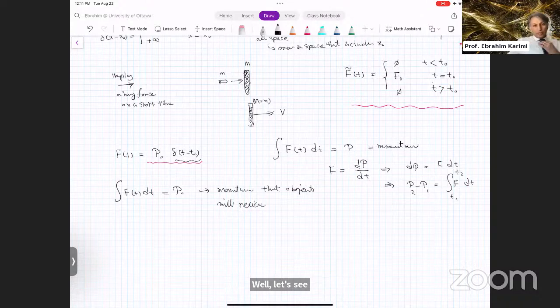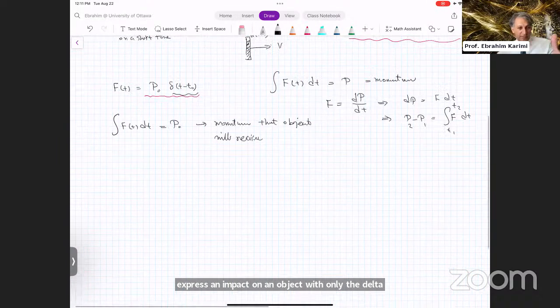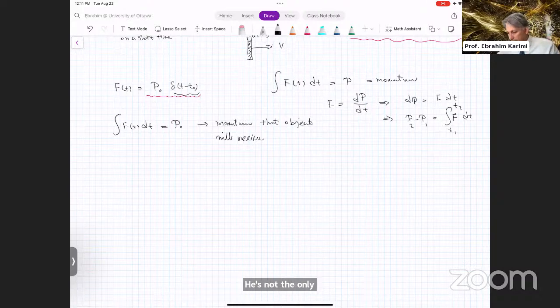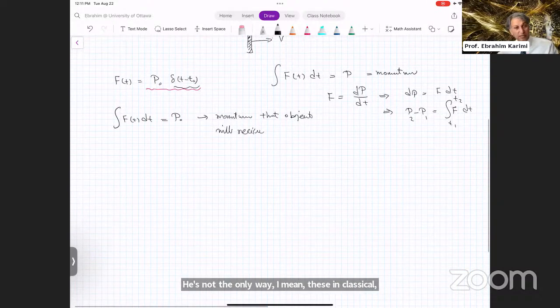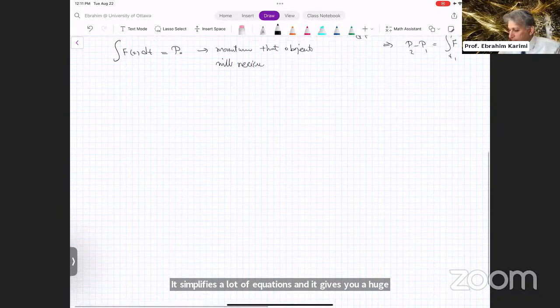Okay, so this is one way that someone can express an impact on an object with only the delta function. It's not the only way. In classical dynamics people use this, and by the way, it simplifies everything. It simplifies a lot of equations, and it gives you a huge help in doing the calculation.